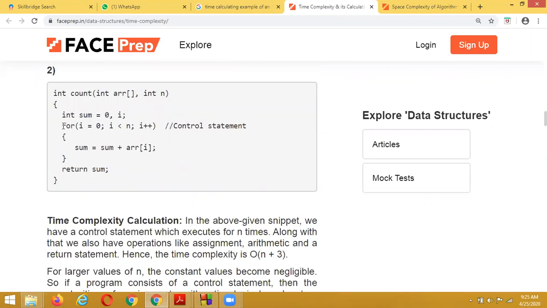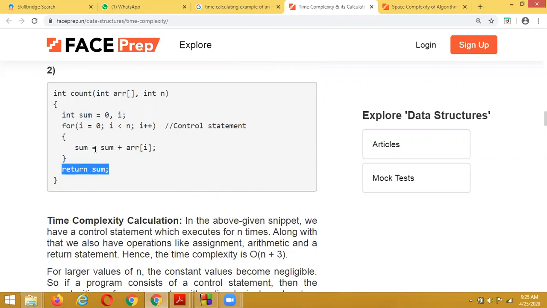Now here we have one for loop and two statements: sum is equal to sum plus array of i, and return sum.